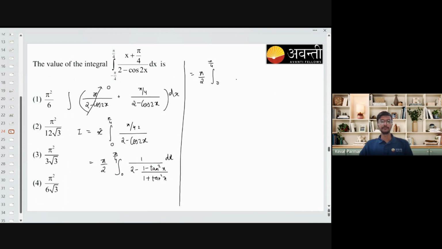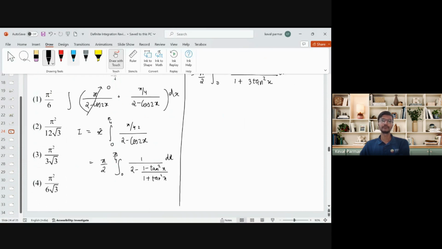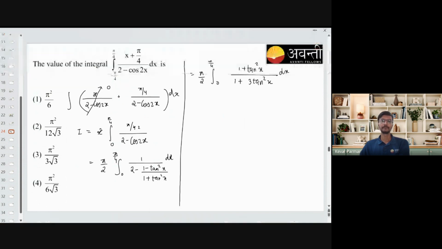2 plus 2 tan square x minus 1 tan square x. So on the upper side I'll get 1 plus tan square x, and in the denominator 2 minus 1 is 1, plus 2 tan square x plus tan square x. So 3 tan square x dx. Now here, what is 1 plus tan square x? 1 plus tan square x is sec square x.